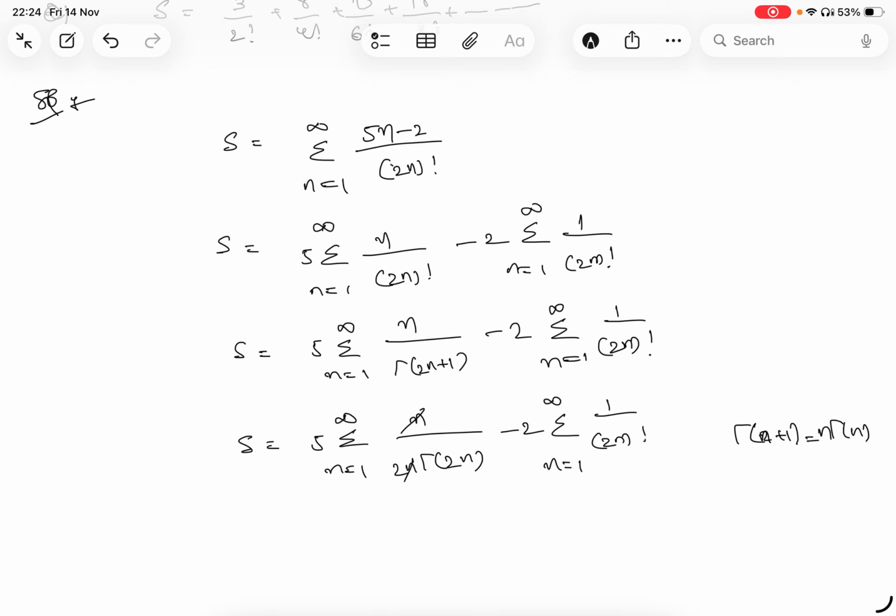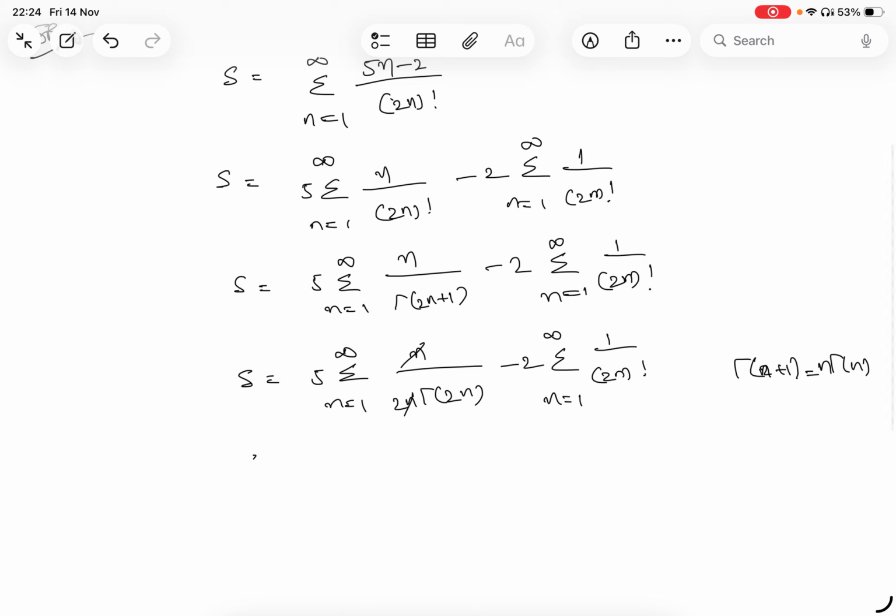This n will get cancelled and you can bring the 2 out of the summation, which is 5 by 2 into summation n equal to 1 to infinity 1 by 2n minus 1 factorial, right, minus 2 into summation n equal to 1 to infinity 1 by 2n factorial, right?